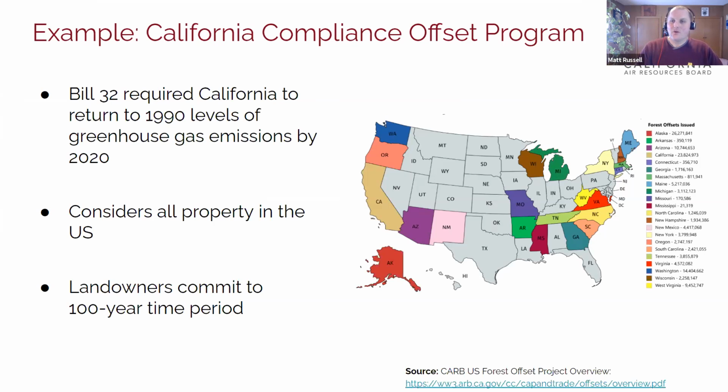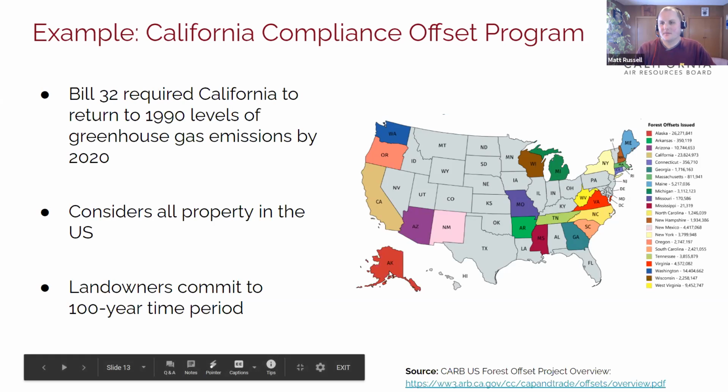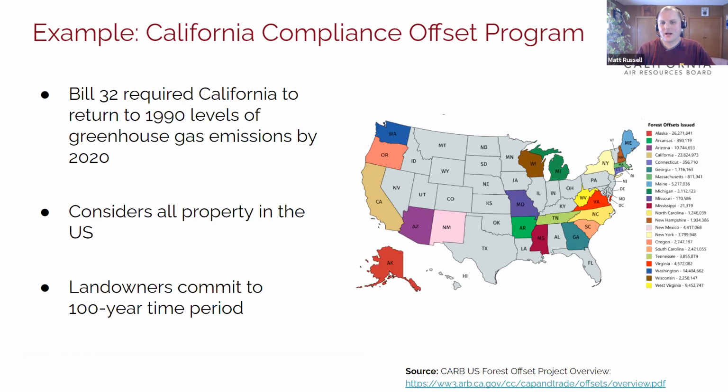You can enroll forest offset projects by enrolling a forest property into this California system. The good thing is that it's not just California landowners and California properties that go into this, but it's from all over the United States. Most of the project acreages are from Alaska in this California market, but you can see there are projects across the entire United States, and that's a benefit.